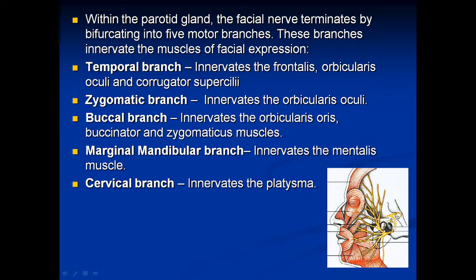The zygomatic branch innervates the orbicularis oculi. The buccal branch innervates the orbicularis oris, buccinator, and zygomaticus muscles. The marginal mandibular branch innervates the mentalis muscle. And the cervical branch innervates the platysma.